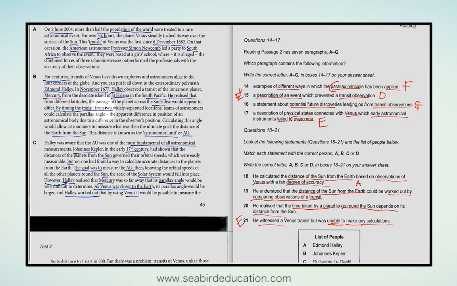By timing the transit from two widely separate locations, teams of astronomers could calculate the parallax angle. Okay, so distance could be worked out by comparing observations of transit. Comparing. That's A.